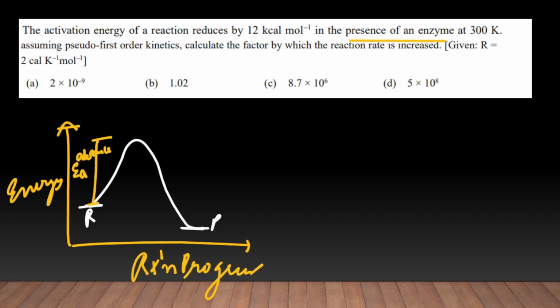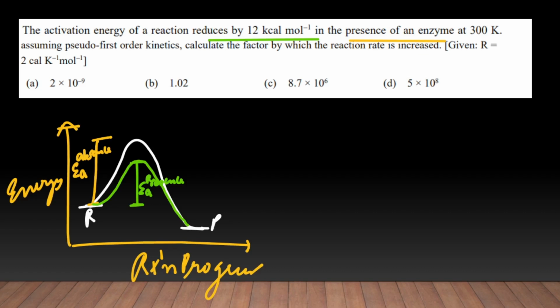Now the same reaction is carried out but in the presence of a catalyst. So the activation energy will be lowered, and the path followed is different. Now the activation energy will be this much. This is the activation energy in the presence of the catalyst. This is what is given: the activation energy reduces by 12 kilocalories per mole in the presence of the enzyme.